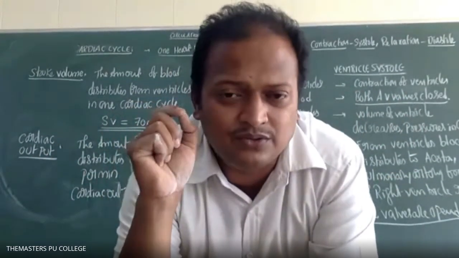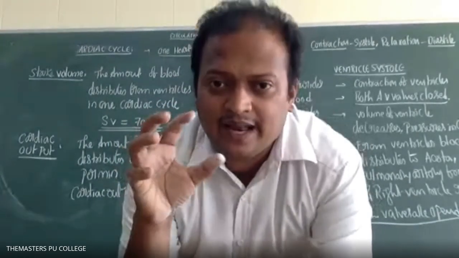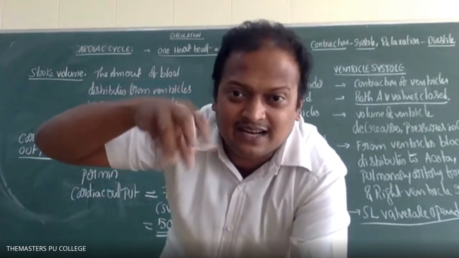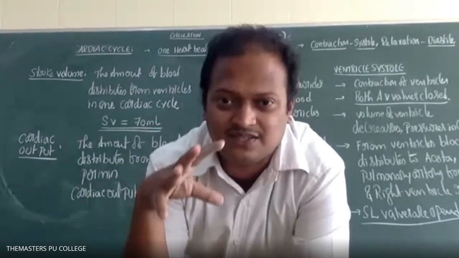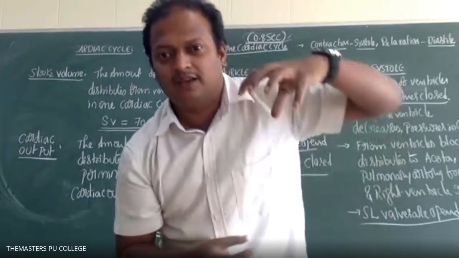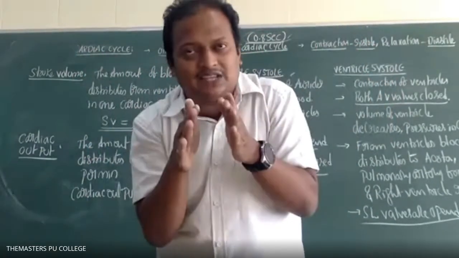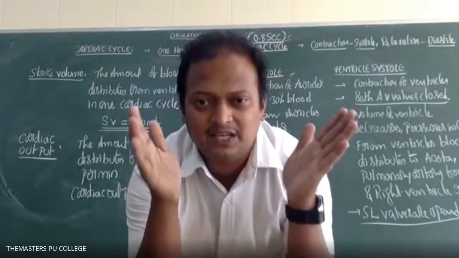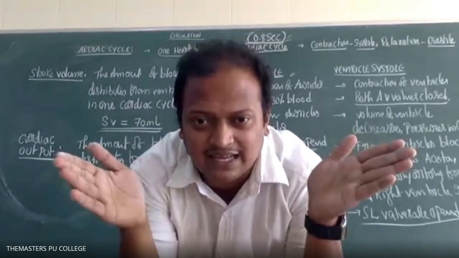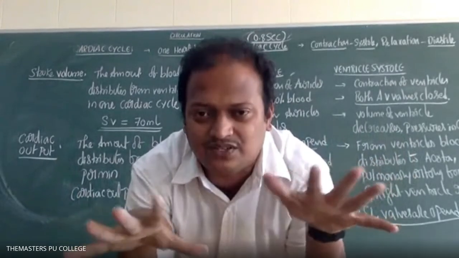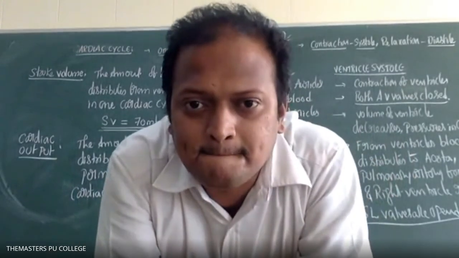Only one point you should remember: wherever action potential is there, there only is contraction. Otherwise, relaxation. Is it clear or not? Whenever action potential reaches the ventricle, then ventricular contraction. When action potential degenerates, then relaxation. Is it clear, Puneet?